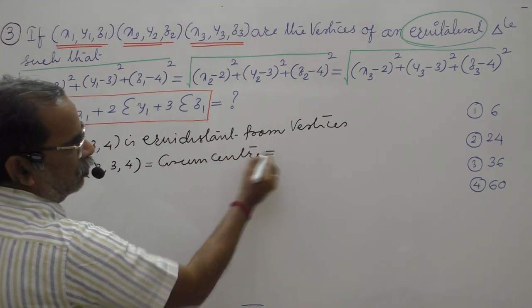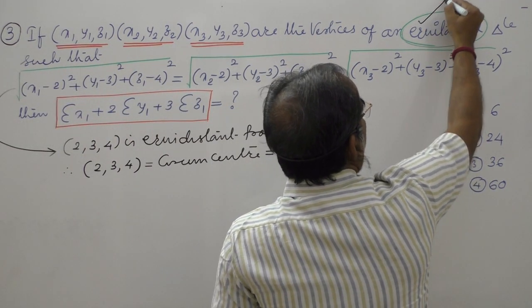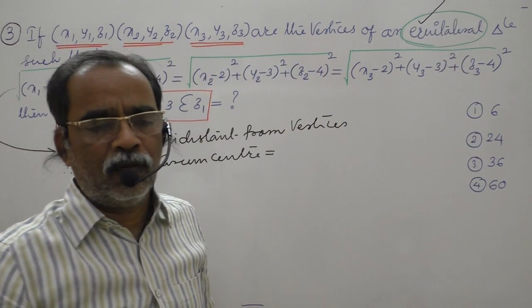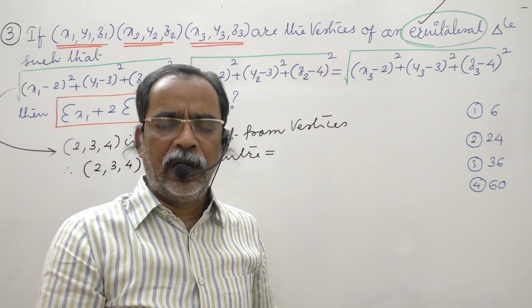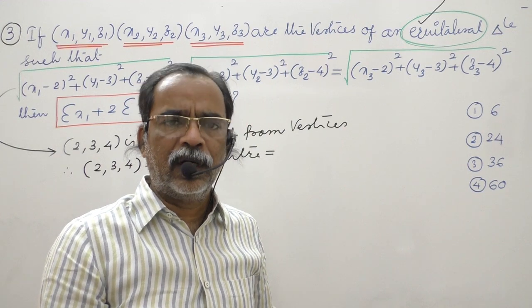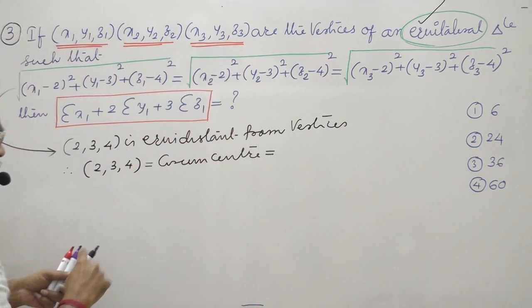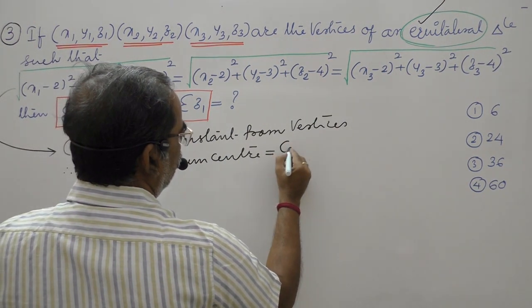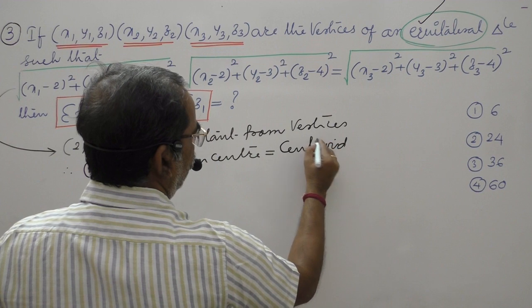Yes, it is circumcenter. Also, what is the triangle? Here the triangle is an equilateral triangle. In an equilateral triangle, all the 4, centroid, orthocenter, circumcenter, incenter, they all coincide. Since it is an equilateral triangle, this point which is circumcenter is also equal to centroid.